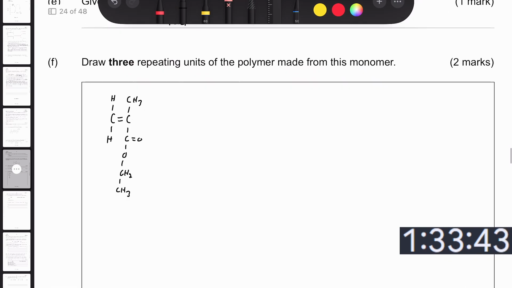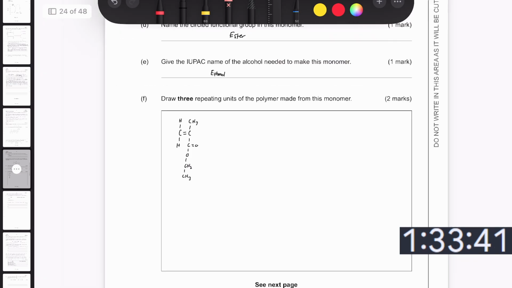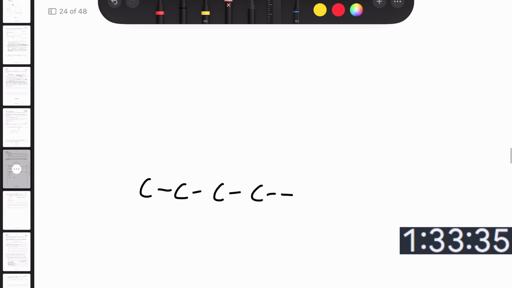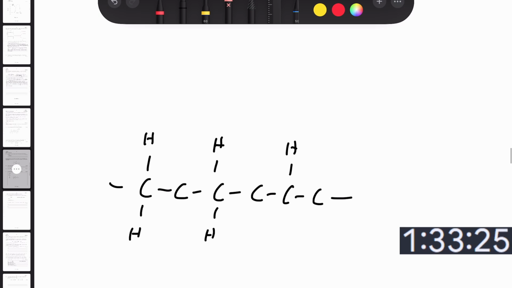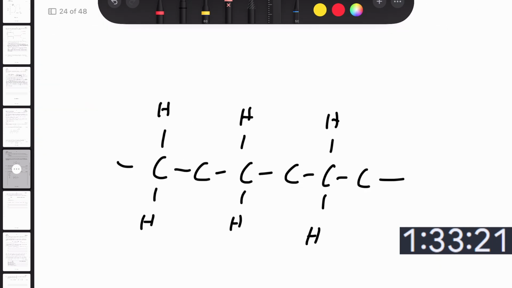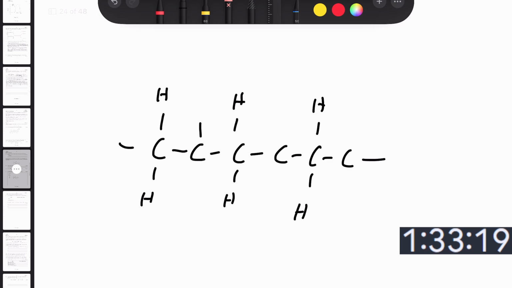Okay, so that's just the monomer. So then it's going to be 1, 2, 3, 4, 5, 6, and you're going to continue that off. H, H, H, H, H. Again, these are just to slow you down in the exam. These are not skillful questions.